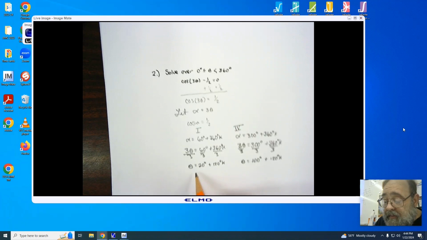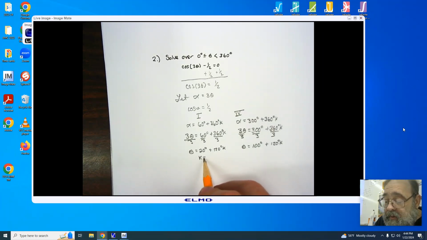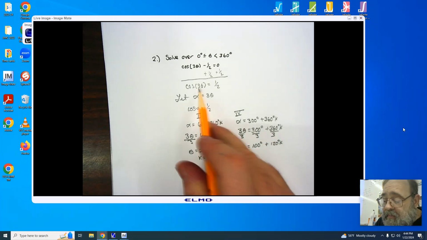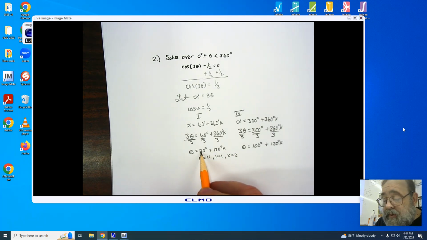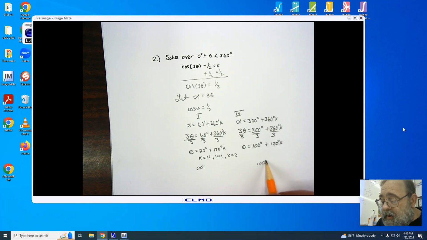I can now look at this by letting k equal 0, k equaling 1, and we always stop just before we get to 3. So that means that I'm going to have k equaling 0, 1, and 2. And that's going to happen for both of these. When k equals 0, all I have is 20 degrees. And for this one, 100 degrees. And those are my first two.